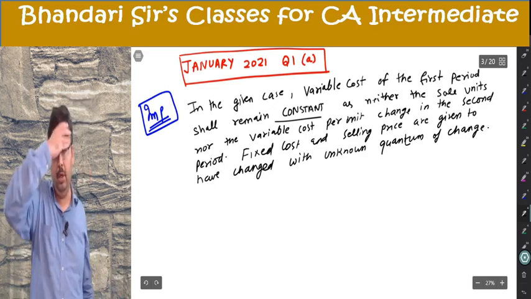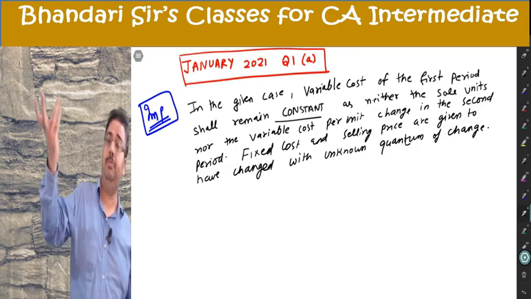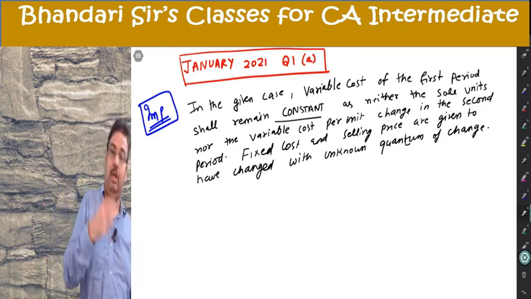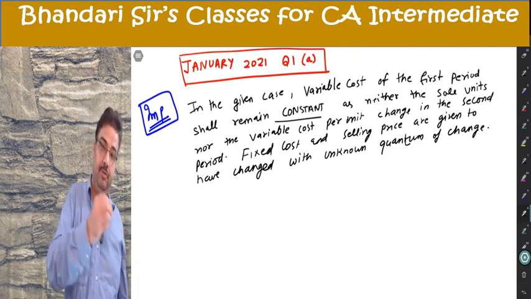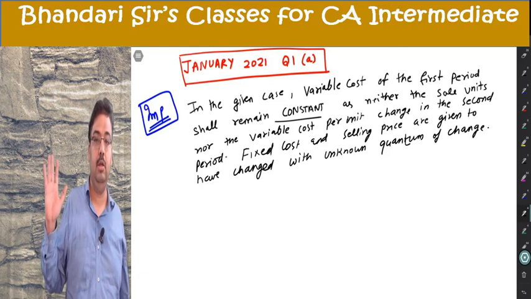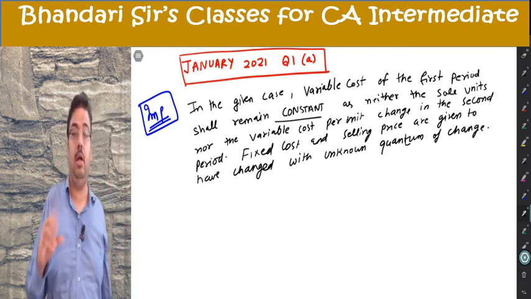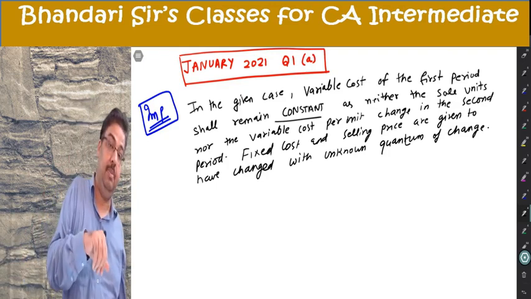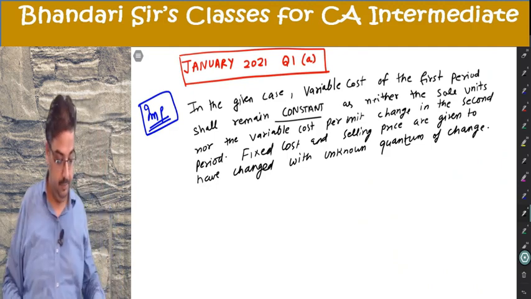If the question told me a 10% decline in fixed cost, I would have started from the first period, computed fixed cost there, declined by whatever percentage change he has told in the second period, and got fixed cost for the second period. But not in this question. In this question, I have to concentrate on computing variable cost of the first period, that will be the same in the second period, then everything else can be computed for the second period.